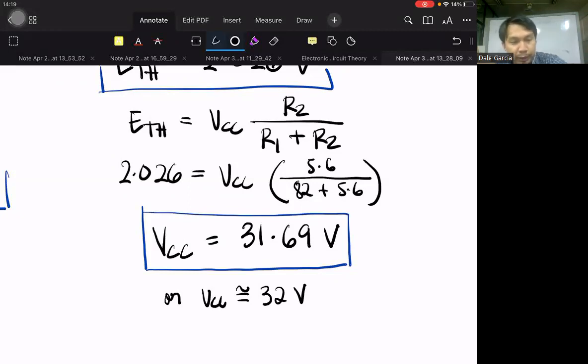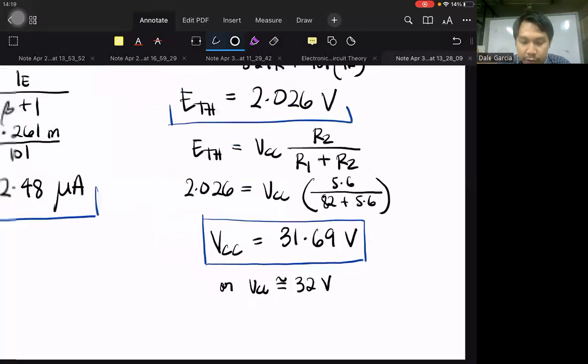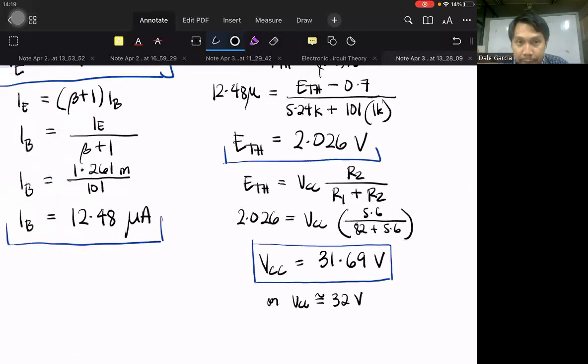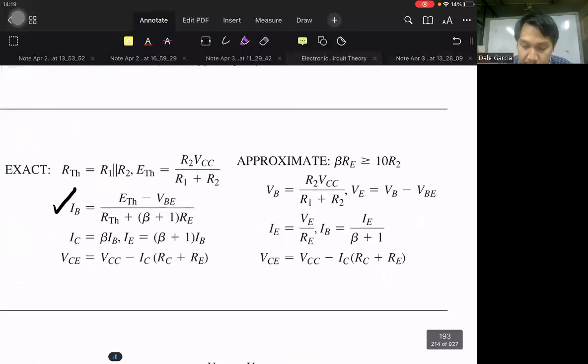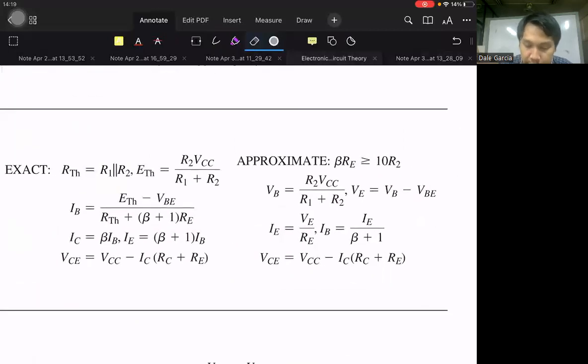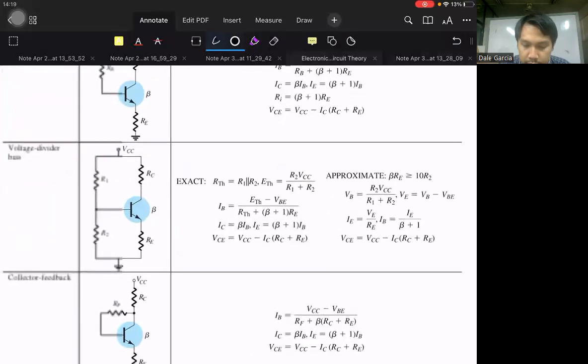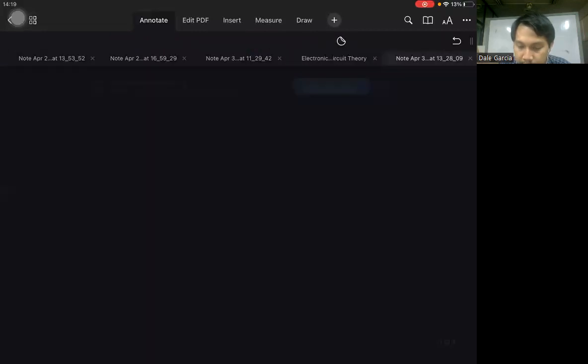If nag-approximate ito taan ni class, ang makuha na itong answer is 30.7. So, or approximately equal to 31. Diba? Close enough. So, kahit magamit tag exact analysis or approximate voltage divider for as long as this condition is satisfied for the approximate. Okay.